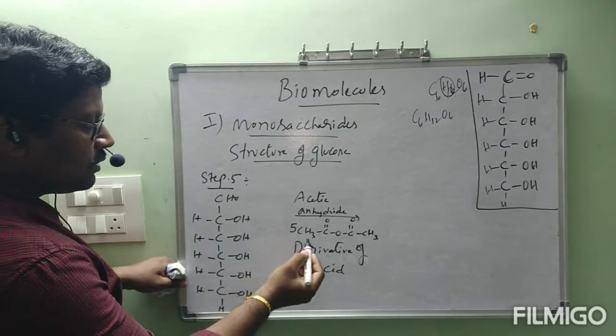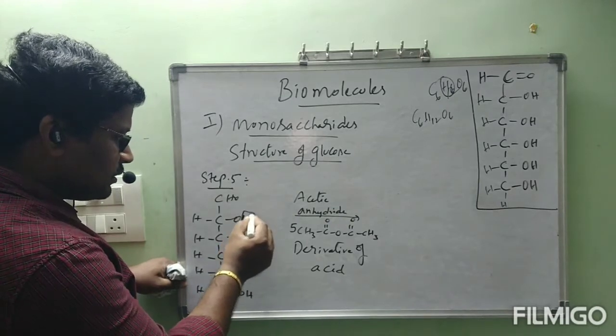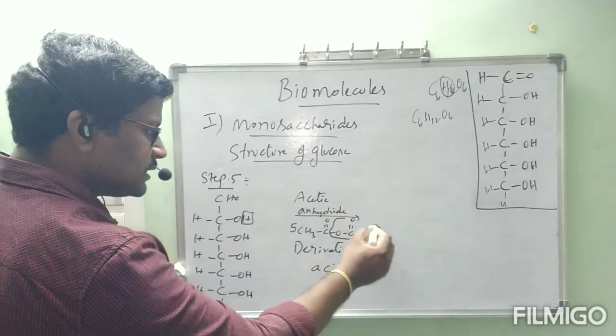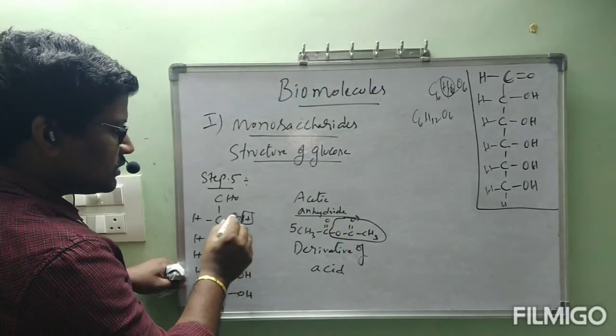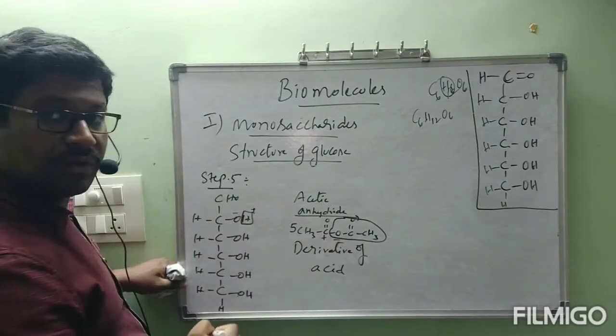Now observe carefully. This hydrogen is present, and CH3COO minus. This is CH3COO minus and H plus. This is O minus. This is H plus. This is O minus. This is C plus.